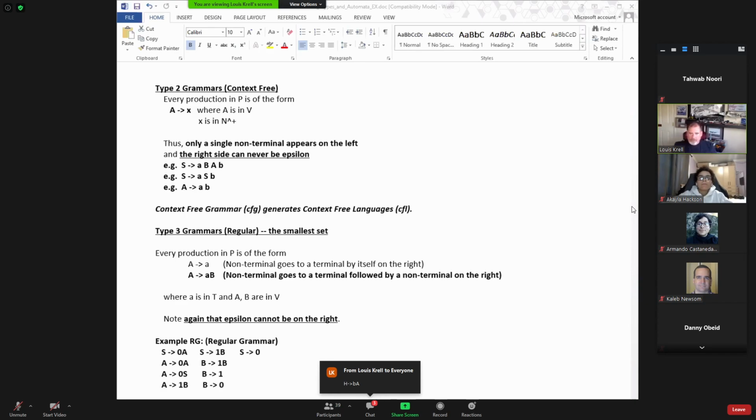That's that H going to BA. Any questions on that? Can you just repeat what you said one more time? Sure. You see in the chat window, H goes to A, H goes to BA. Those are the only 2 allowable production forms that you can have for a regular language. It either goes directly to a terminal or goes to a terminal followed by another non-terminal.